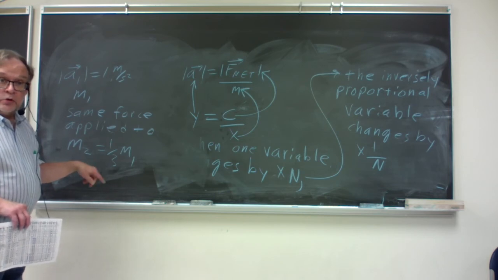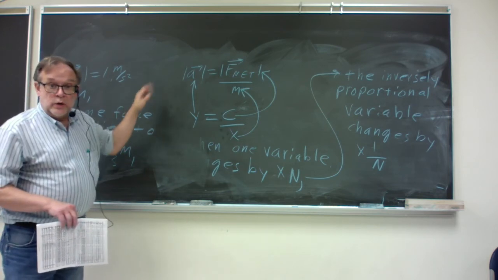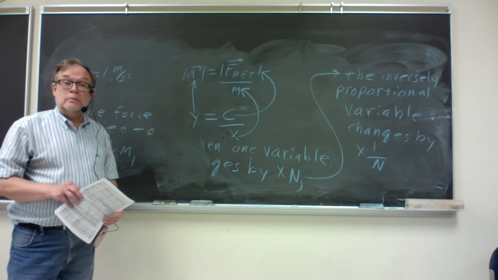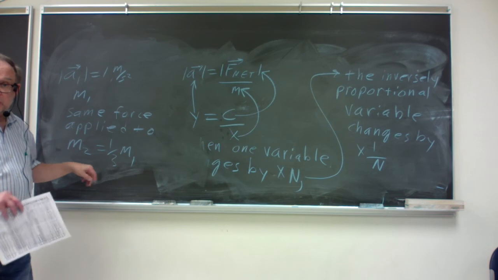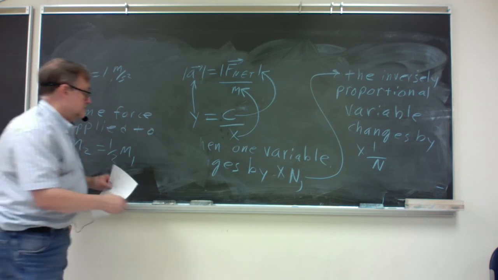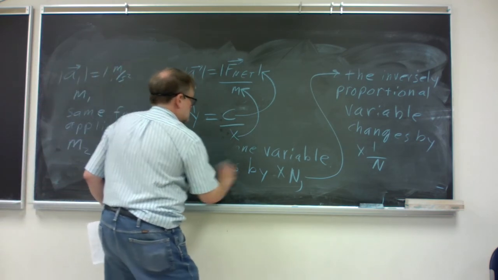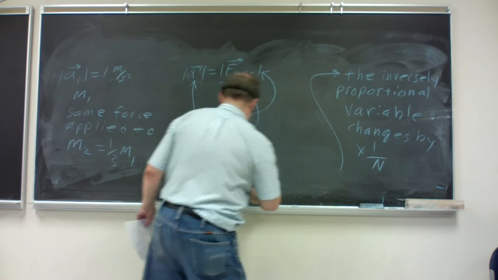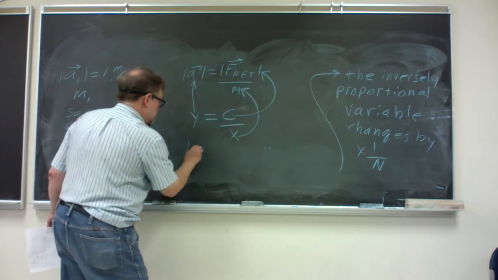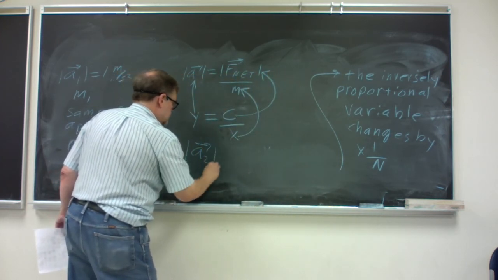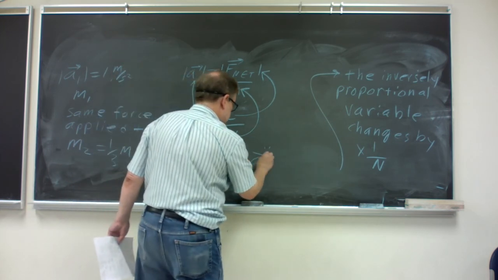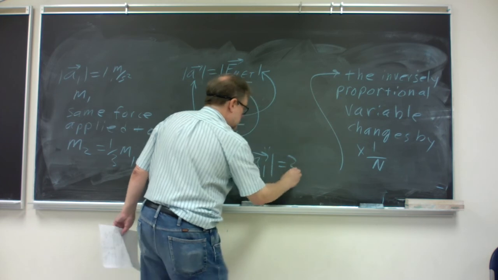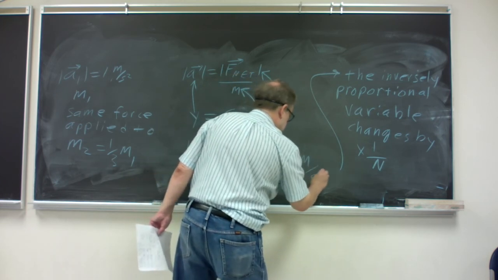So the other variable, magnitude of acceleration, changes by the inverse of 1/3, which is just 3. So the new magnitude of the new acceleration is just 3 times magnitude of the old acceleration. So 3 meters per second per second.